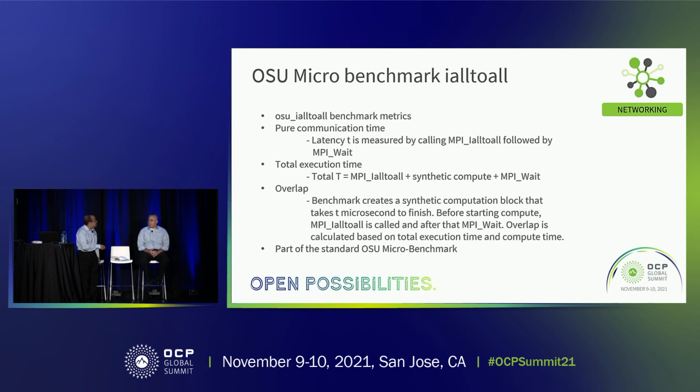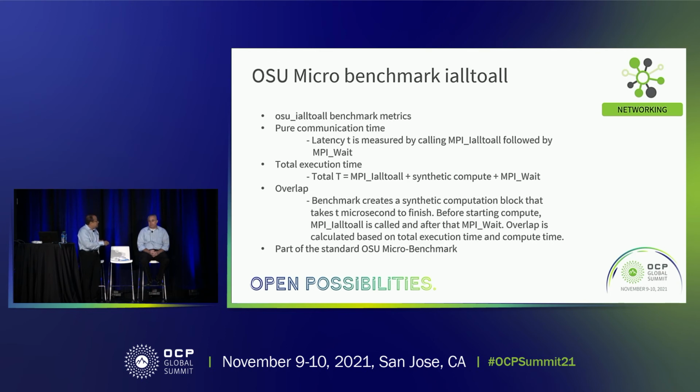Here I'll try to show some numbers, and we are using the standard OSU micro-benchmarks, which come with the MVAPICH library and are very widely used in the HPC field. So, we are just using the standardized benchmark. It is an AllToAll benchmark, a non-blocking AllToAll. There are some parameters here like pure communication latency. That means, if I offload things to the ARM, what is the time it is taking for pure communication?